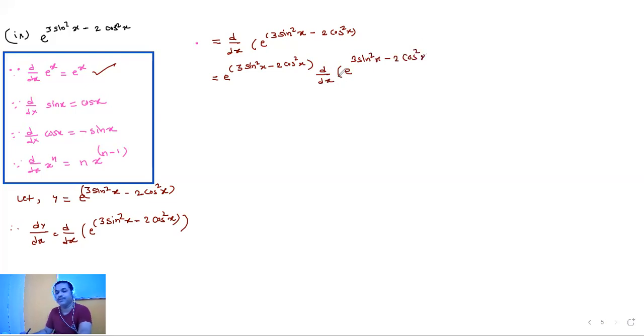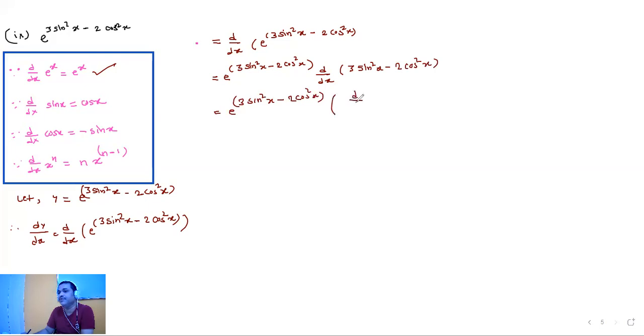Sorry, let me check this step once again. Here we need to take the derivative of this, because the e raised to x derivative we have already taken. So it is e raised to 3 sine square x minus 2 cos square x, and we'll take the derivative of d by dx of 3 sine square x minus d by dx of 2 cos square x.